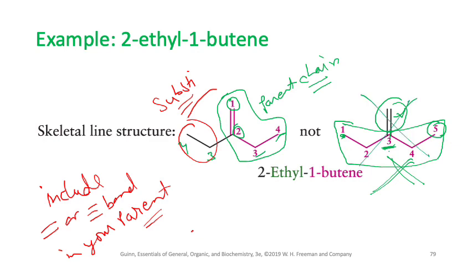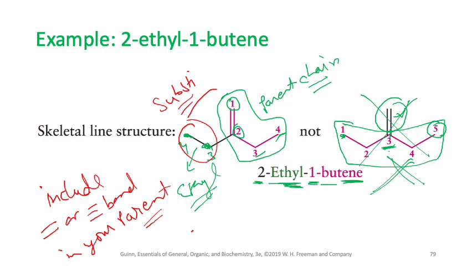We have to use this counting 1 2 3 4. So the naming will be, on the second carbon you have 2 carbons as a substituent. 2 carbon is ethyl. So you have to write that on the second carbon you have an ethyl group, and then 4 carbon is butane, but this is an alkene, that's why it's butene, and you have to specify where the double bond is in your butene parent chain, on the first carbon.